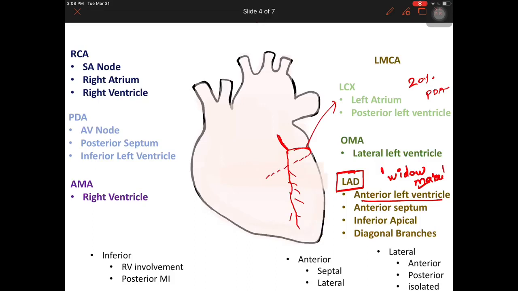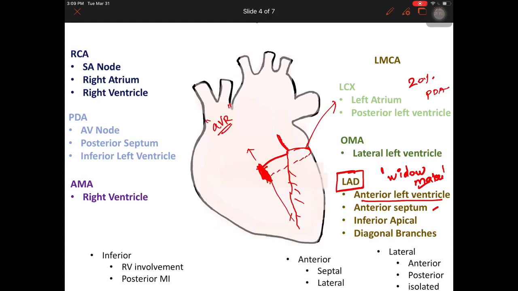It also gives off a septal branch which supplies the basal interventricular septum. The first septal branch supplies the basal interventricular septum, and the rest of the anterior septum is supplied by the other septal branches of the left anterior descending artery. As we have seen in the previous slide, infarction in the basal septum will lead to changes in the AVR.